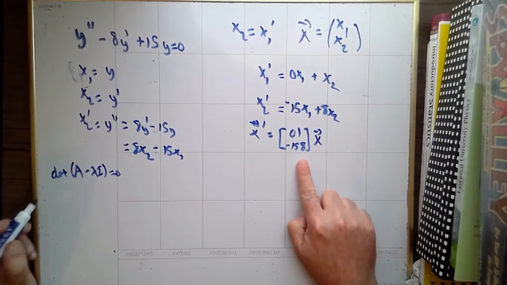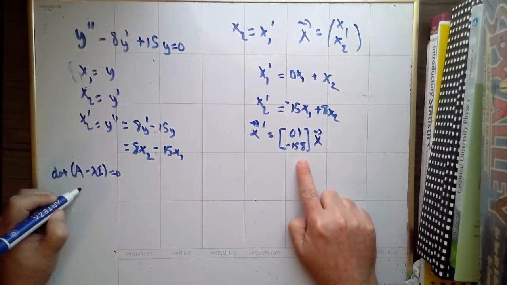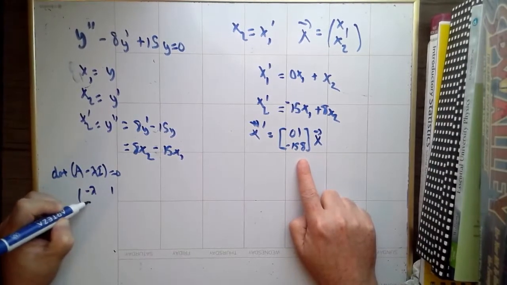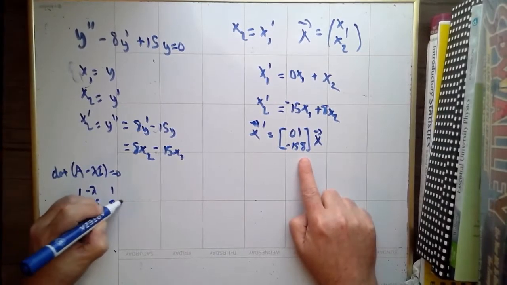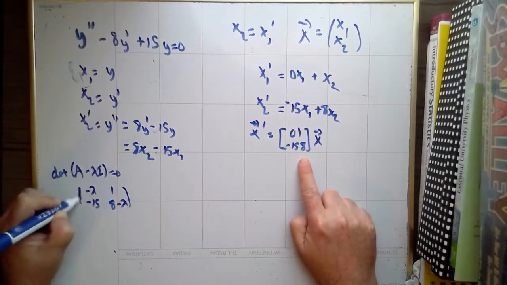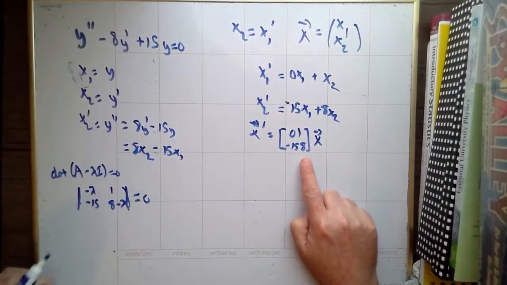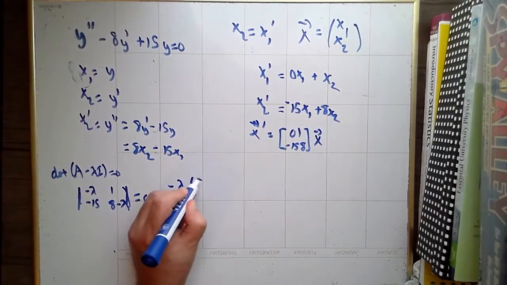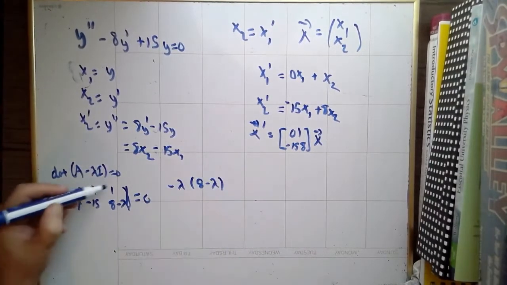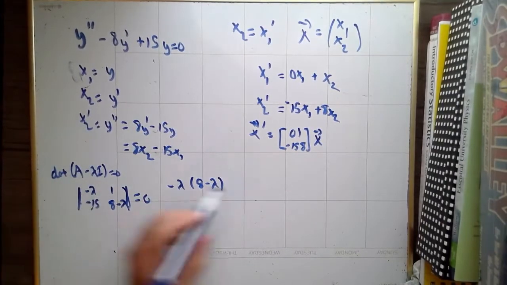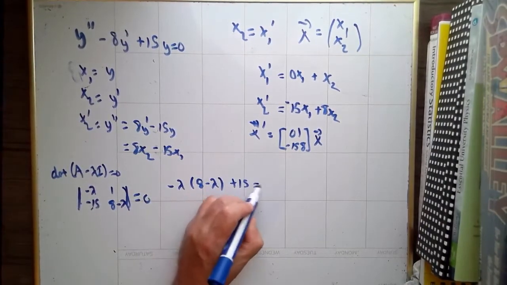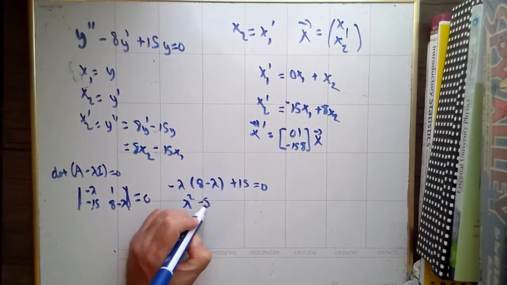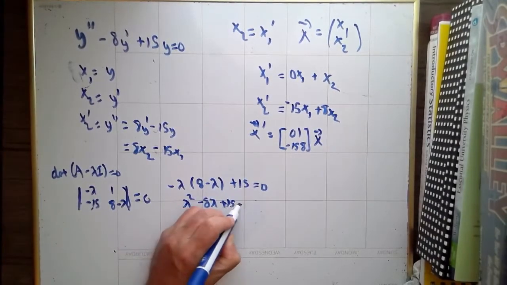So let's find that here. That would be A minus lambda I would be 0 minus lambda, 1, negative 15, 8 minus lambda. I want that determinant to equal 0. So that's negative lambda times 8 minus lambda, minus, going this way, minus a negative 15, so plus 15 equals 0. If I clean this up, I get lambda squared minus 8 lambda plus 15 equals 0.